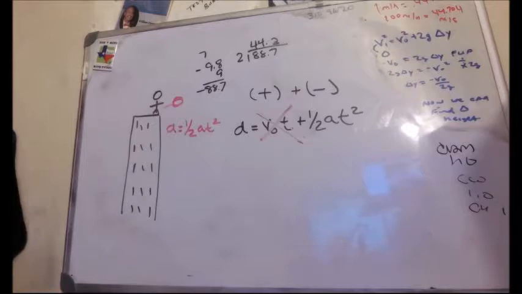Always got to brush up on my basic math skills here, right? For some reason, these decimals always kind of throw me off, but it should be 29.4. I'm sorry. Okay.